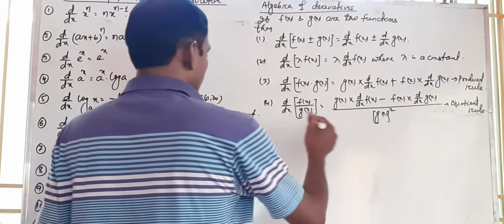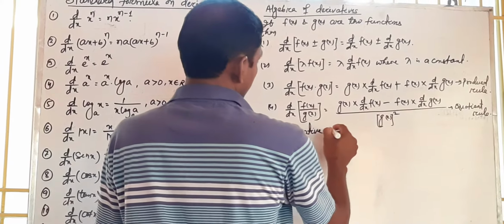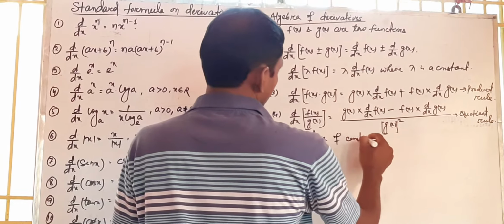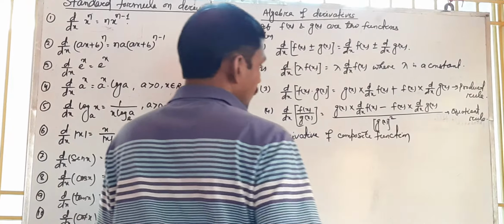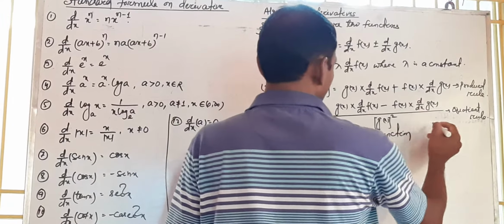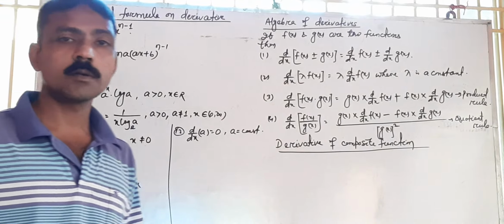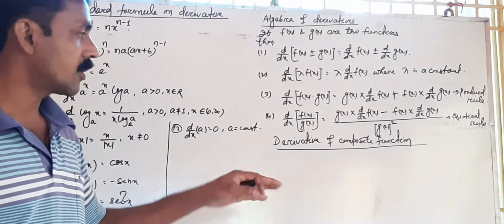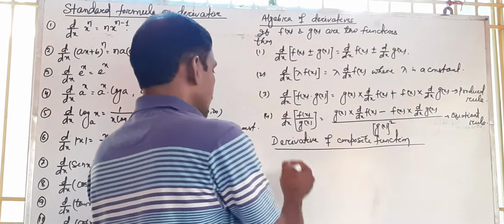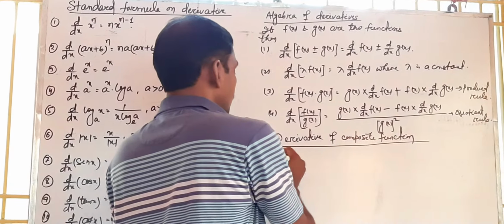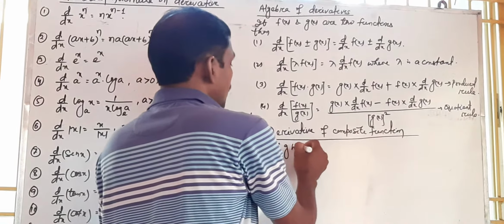Now derivative of composite function. What is a composite function? In the first chapter we have already discussed it. A composite function means a combination of two or more than two functions. Suppose we write y equal to f of g of h.